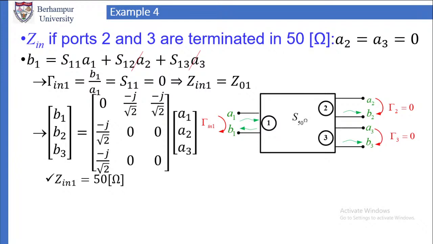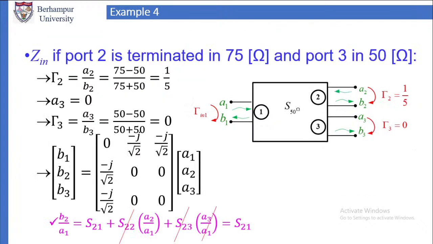Then let us find out B2 by A1, which is equal to S21 plus S22 into A2 by A1 plus S23 into A3 by A1. B2 by A1 is equal to S21 because S22 is equal to 0, S23 is equal to 0.